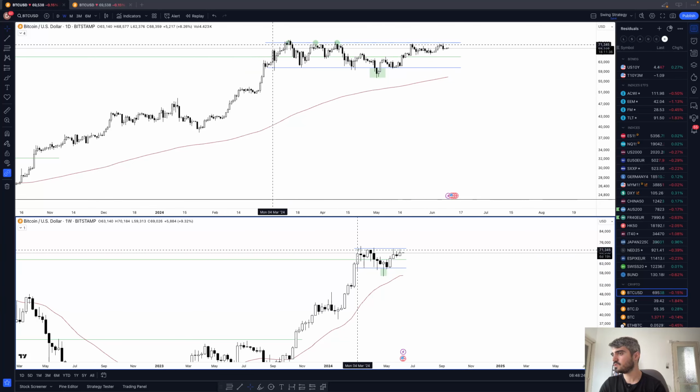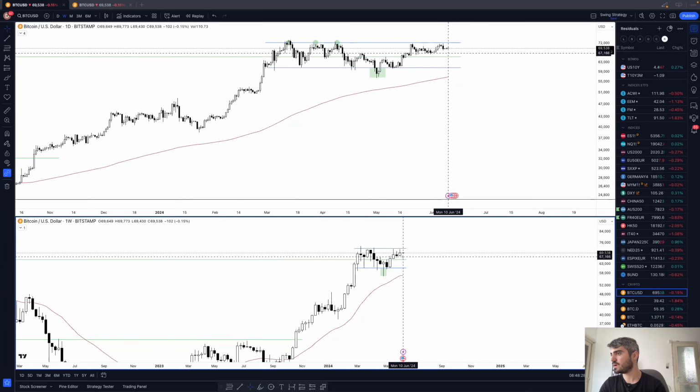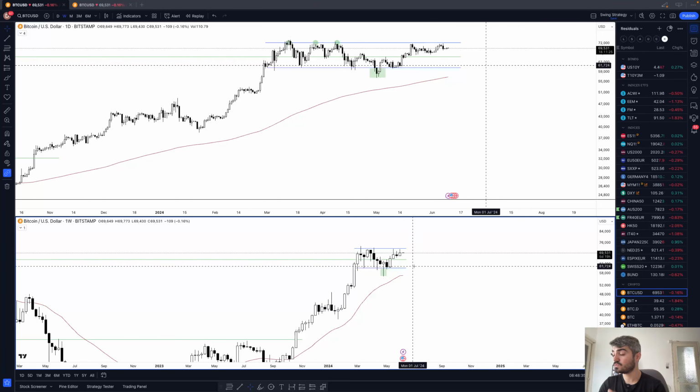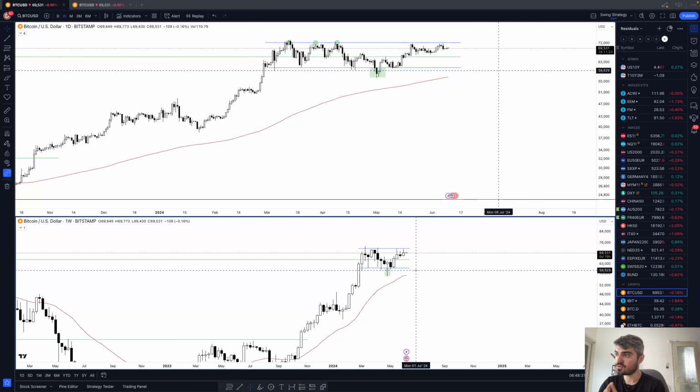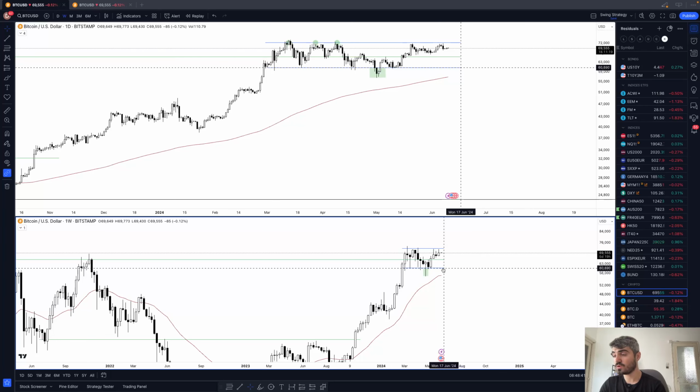Okay, so we have several upper weeks. Last week price did not even manage to close above the high of the prior week. So we might, guys, go to test the 200 EMA or the lower boundary of the rectangle.